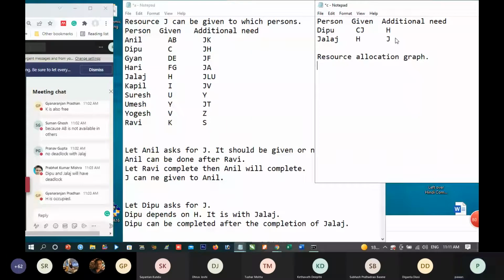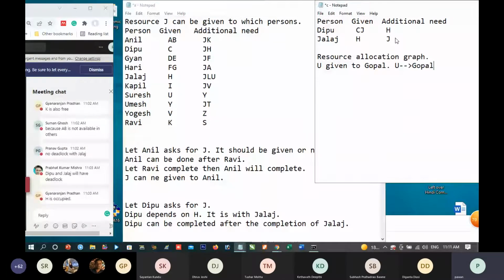A resource given to a person means from the resource to the person there is an edge.